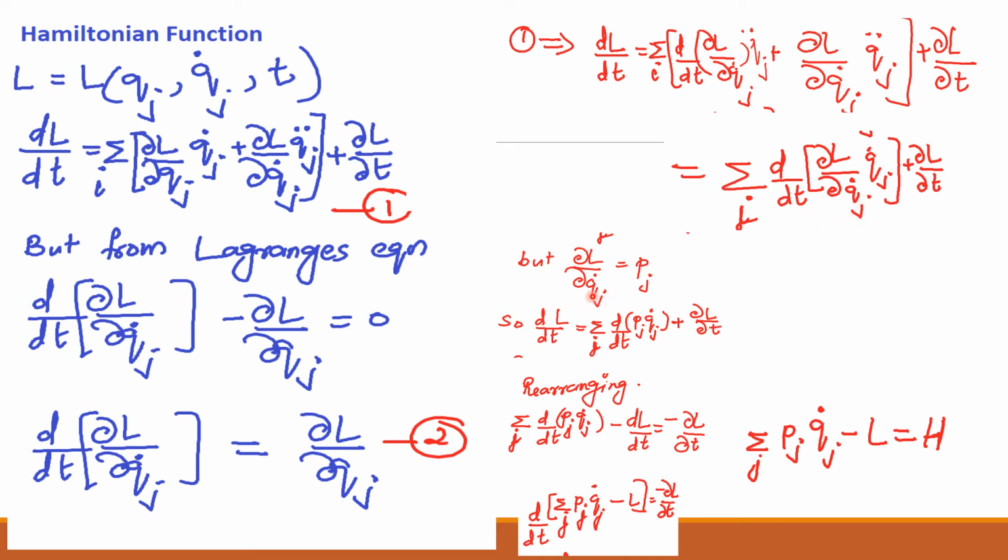But we know that the momentum pj is equal to del L by del qj dot. So we can write again dL by dt is equal to sigma j d by dt of, instead of del L by del qj dot, we can write pj, times qj dot, plus del L by del t. Now rearranging this, sigma j d by dt of pj qj dot minus dL by dt is equal to negative del L by del t.